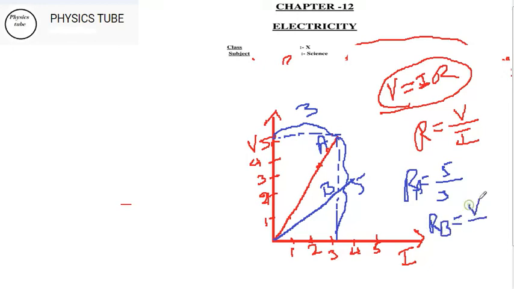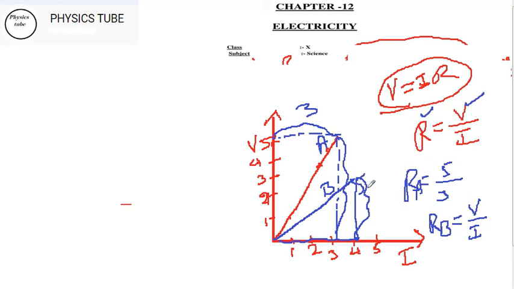again the story remains the same, V by I. For B, V is this much and I is this much. It is visible to you that I of B is much more than I of A, and V of B is much less than V of A. And V is the numerator in R, so if V increases, R is bound to increase.